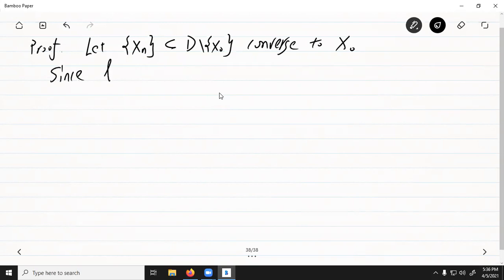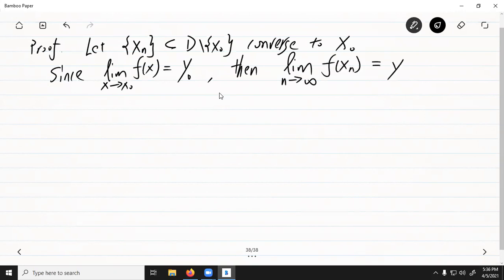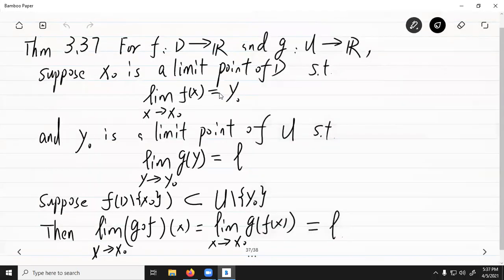Since the limit as x approaches x0 of f of x is equal to y0, then we have the limit as n approaches infinity of f of xn is equal to y0. Right? This is from the definition. If we let yn be equal to f of xn, we know xn is inside D but not x0, and we have this result: if x is inside D, then the image must be in U but not y0, right?